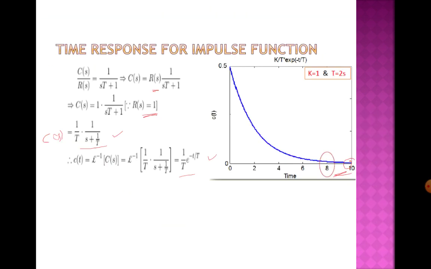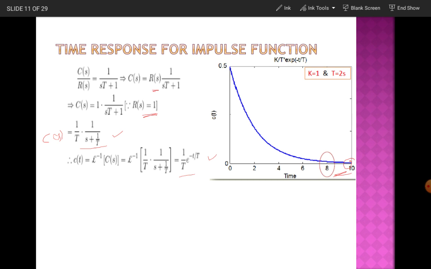With this I conclude the session, and I would like to recall the topics we covered. First we defined time domain analysis, then what is the time response of a system, and what are the transient and steady state responses of a system.